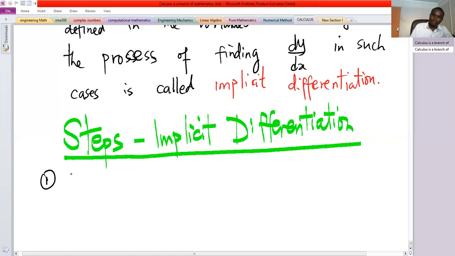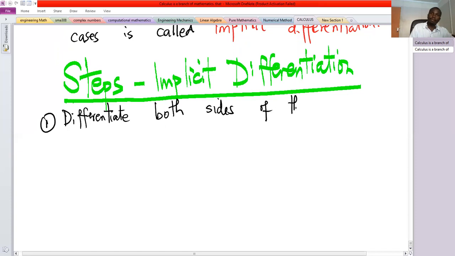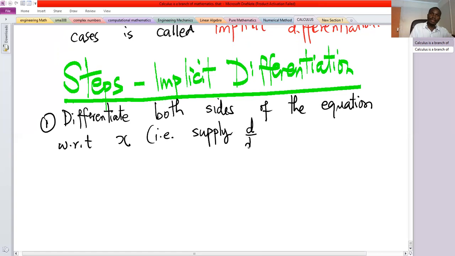So step 1, differentiate both sides of the equation with respect to x, i.e. apply d dx on each term of the equation.